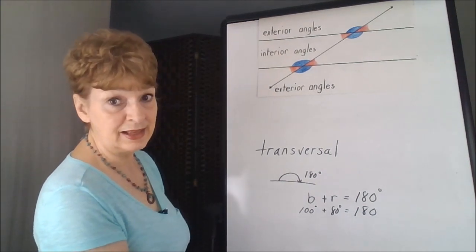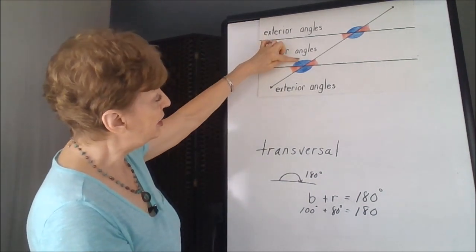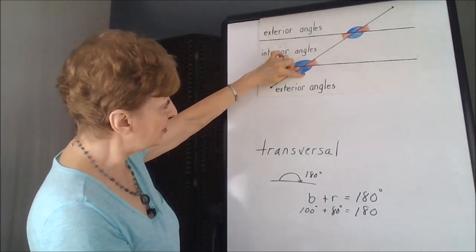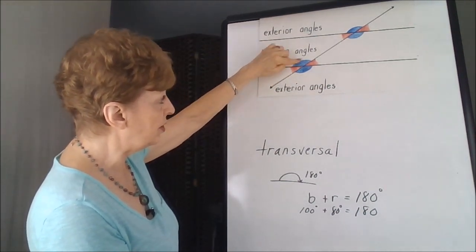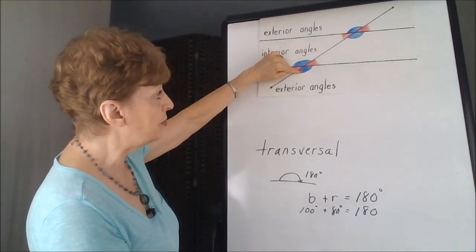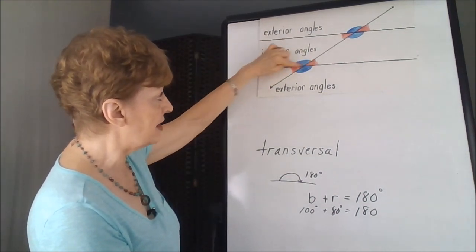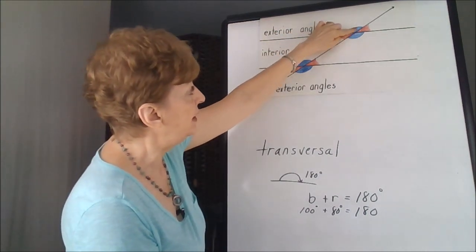Another interesting thing that happens is when you have the angles that are right across from each other. Here we have an interior with an exterior, both of the blue angles are the same, and both of the red angles are the same. Same here.